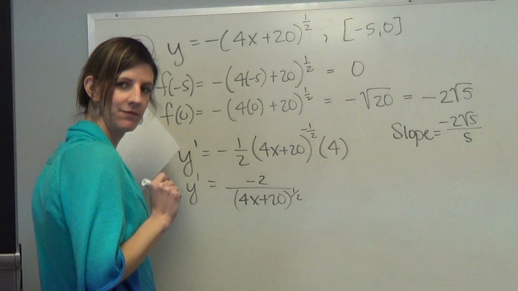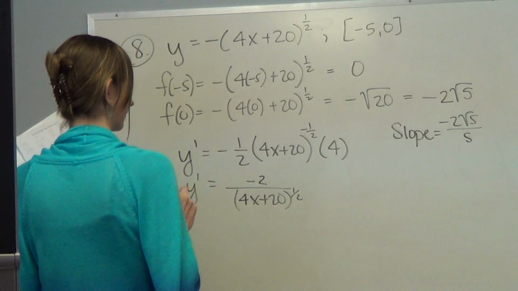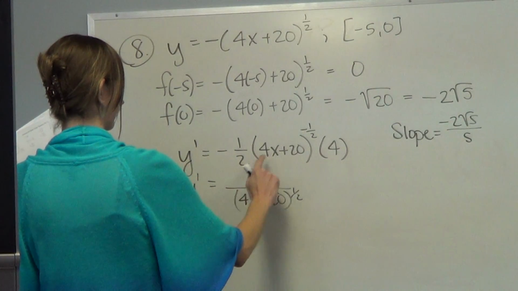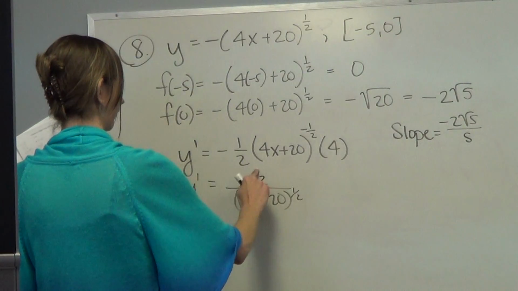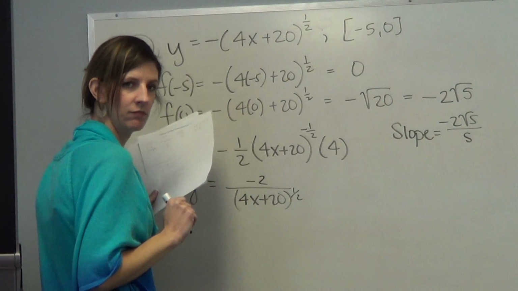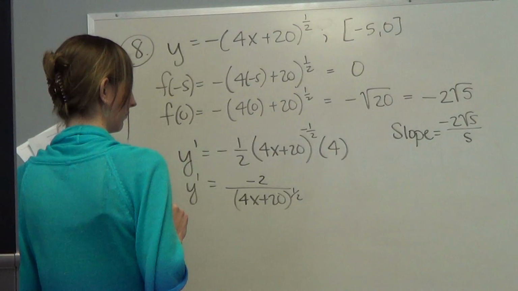Why is it -2 on the top and not -4? Oh, yeah. That would have made my life so much easier.